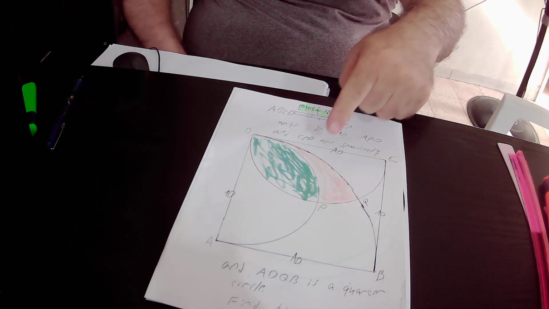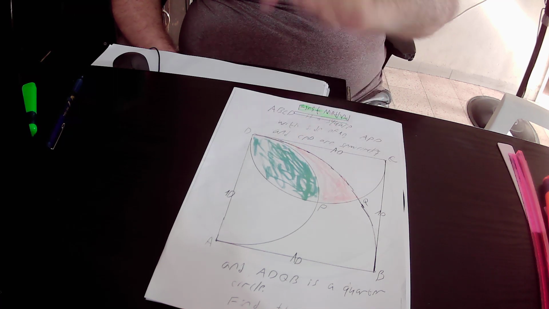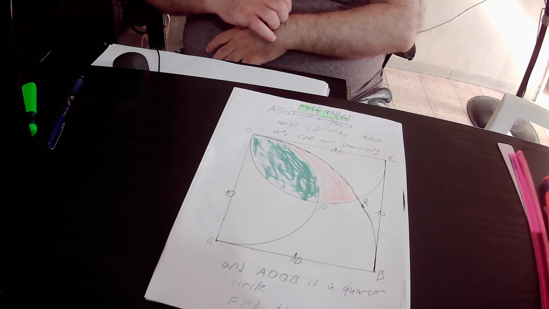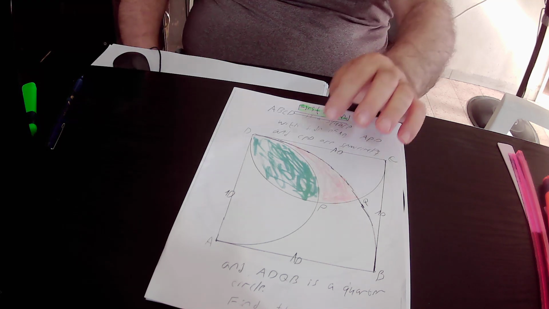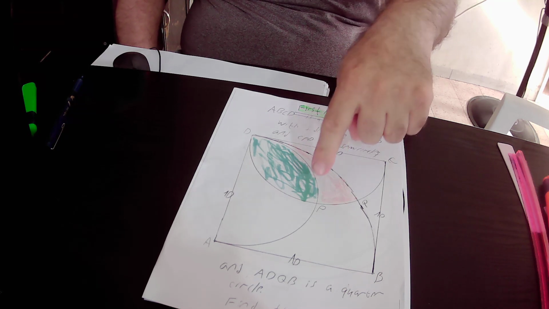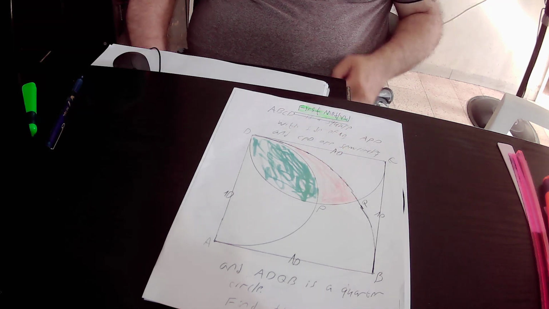They intersect with each other and create this blue lens. A lens is the common area that was created by the intersection of those two semicircles with each other.